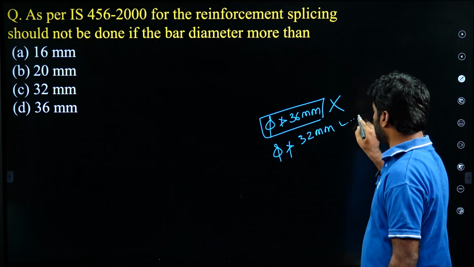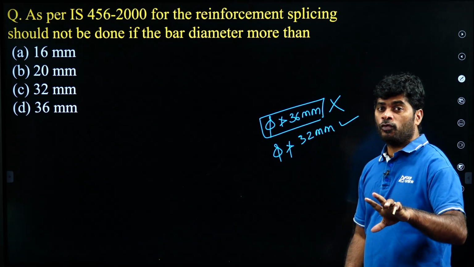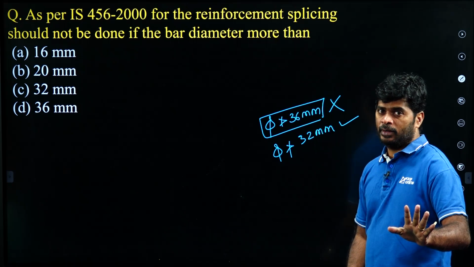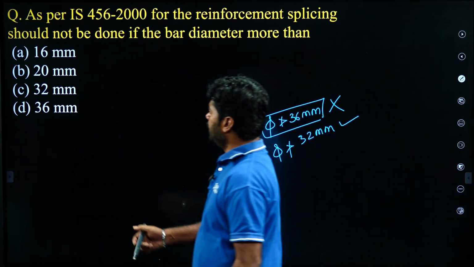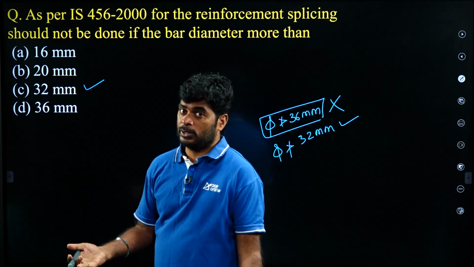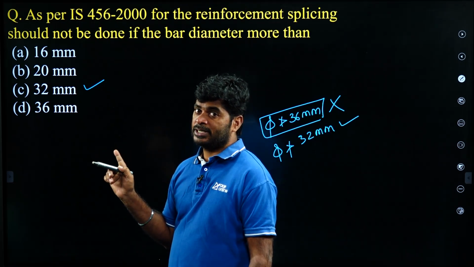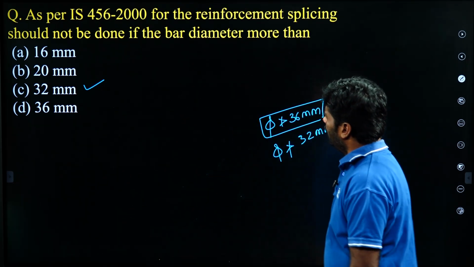When the bar diameter is more than 32 mm, go for welded joints; splicing is not recommended. Option C. You observe 32 and 36 are both in the options, but pick 32. The latest information is 32, not 36. Next one.